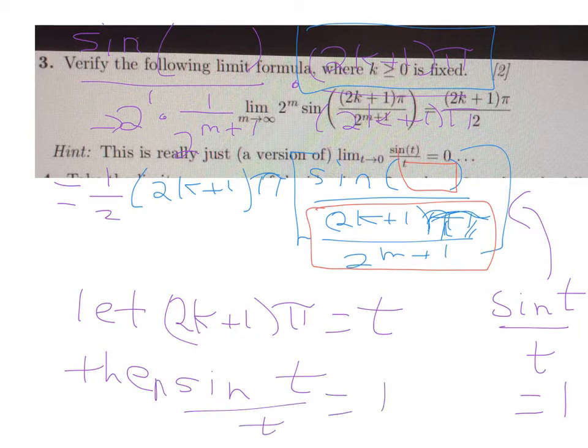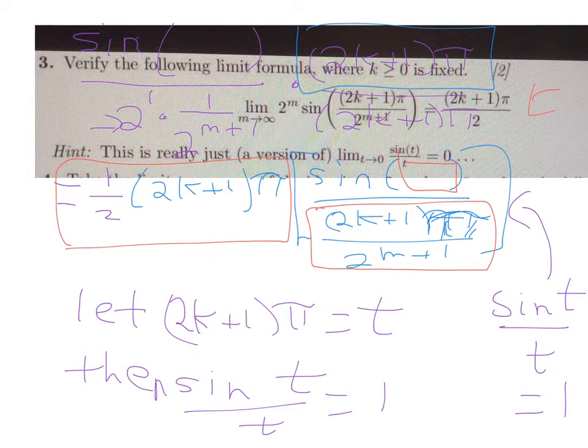And that equals 1. So that whole thing is going to equal 1. And then look what we have left. If we write that with the 2 underneath, it's (2k plus 1) over 2 times pi, which is what we are being asked to solve for in the first place.